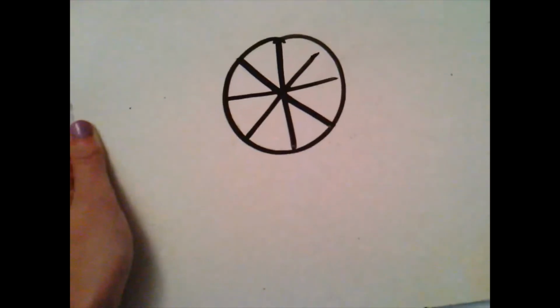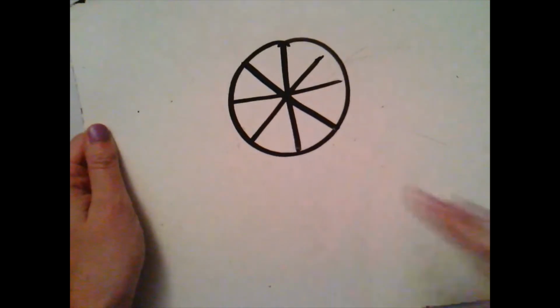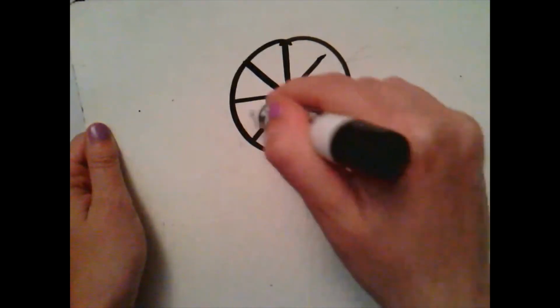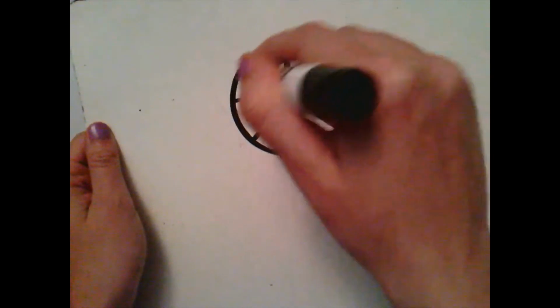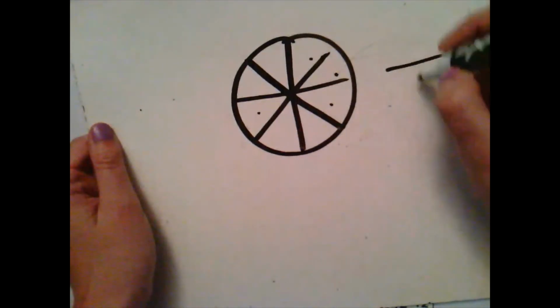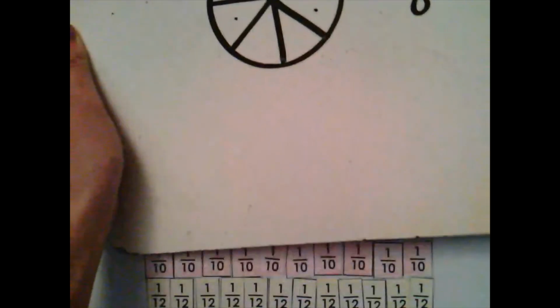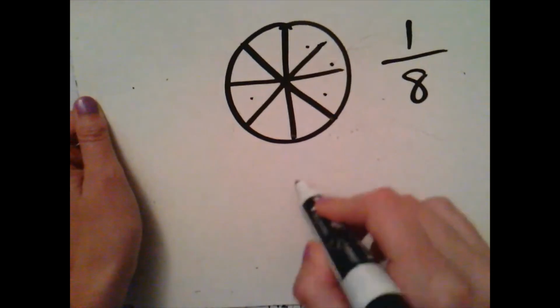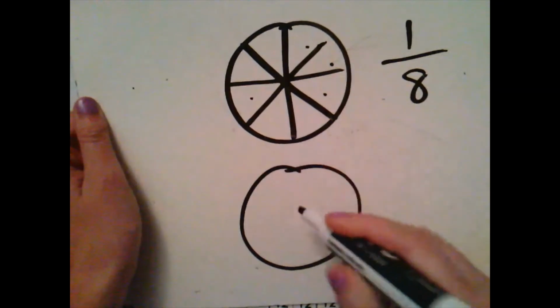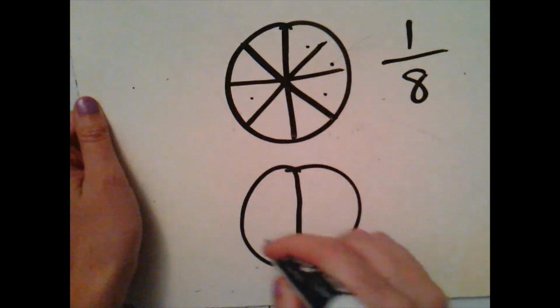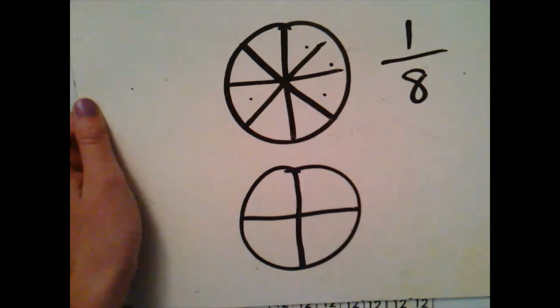Let's say you were super hungry and there was a pizza which had 1, 2, 3, 4, 5, 6, 7, 8. It was broken into eighths. Our unit fraction is eighths. Let's say there was that pizza and the same size pizza, but it was broken into fourths.